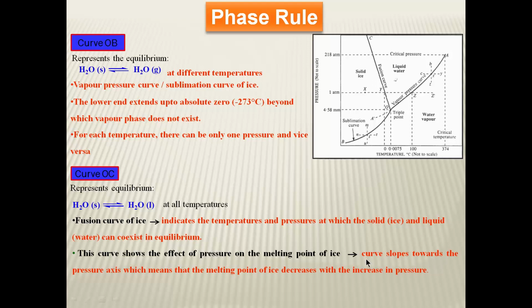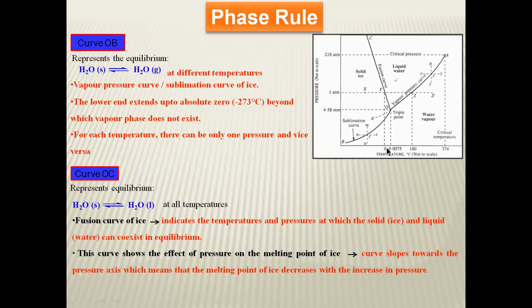Since this curve slopes towards the pressure axis, it means that the melting point of ice decreases with increase in pressure. It is inversely related, and it can be visualized from this. At 4.58 mm of mercury, the temperature is 0.0075 degrees centigrade.